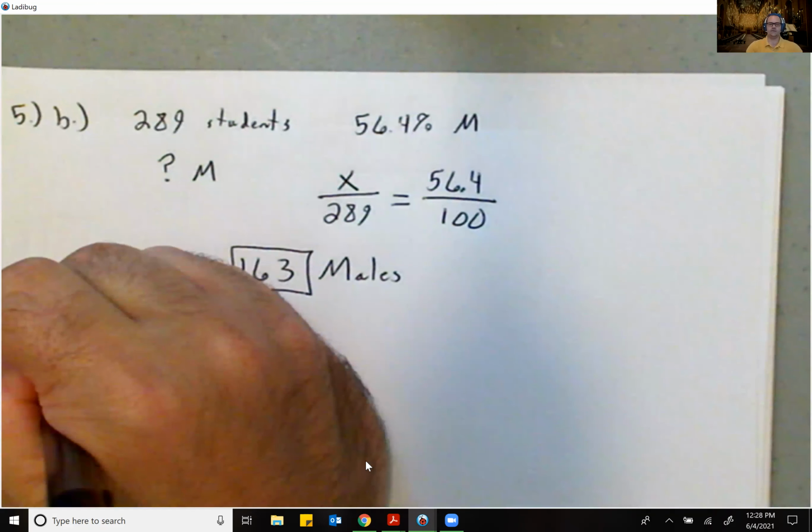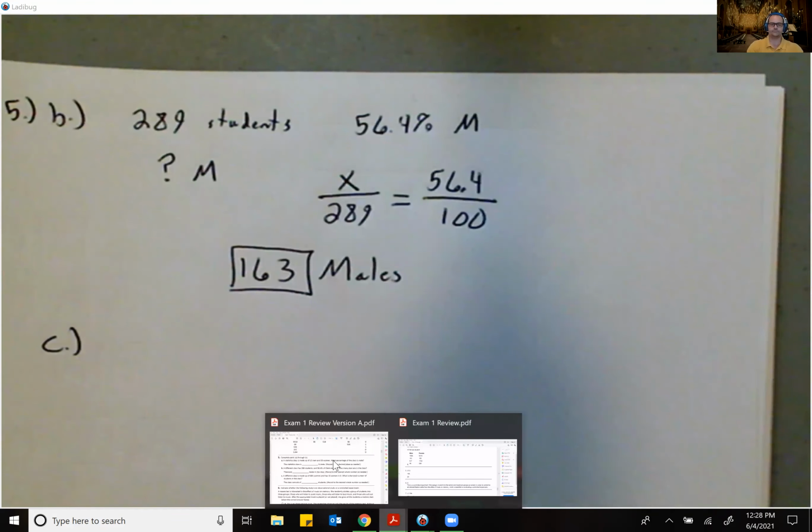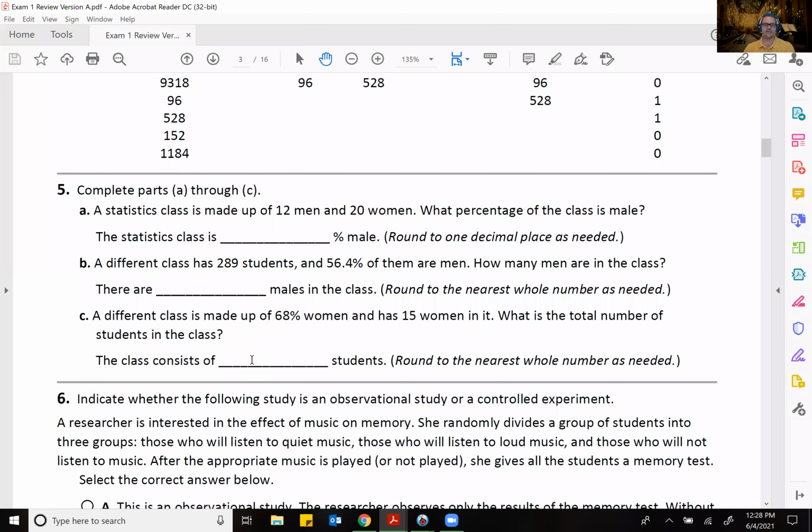Part C. So part C says a different class is made up of 68% female or women and has 15 women or females. They want to know what is the total in the class.